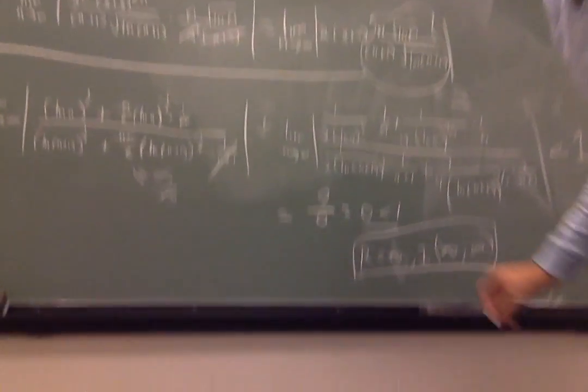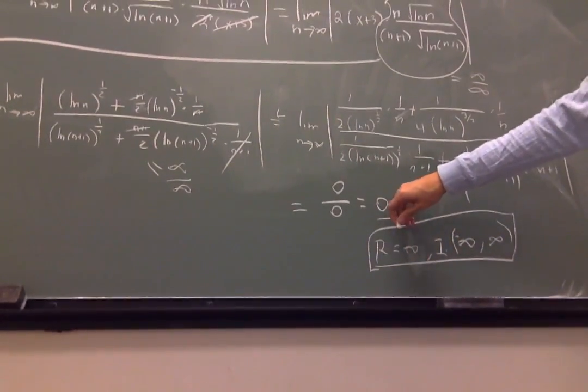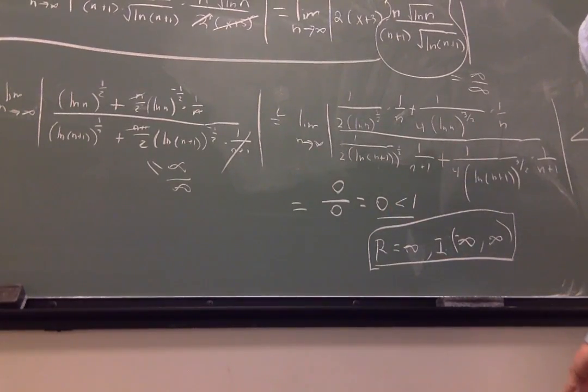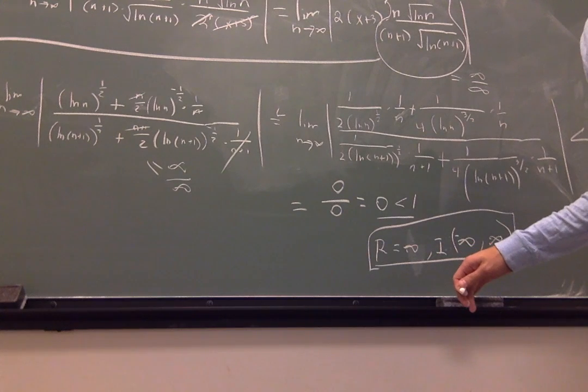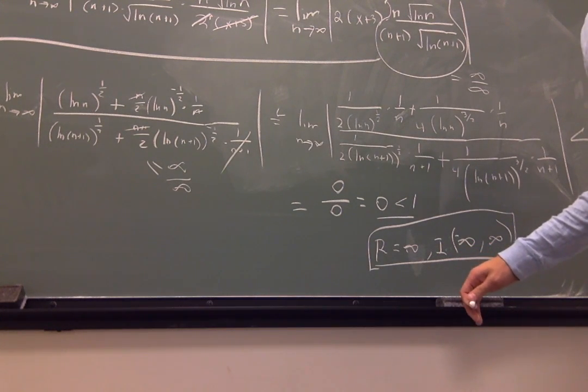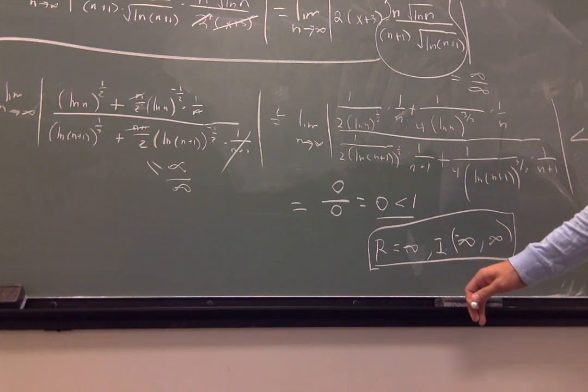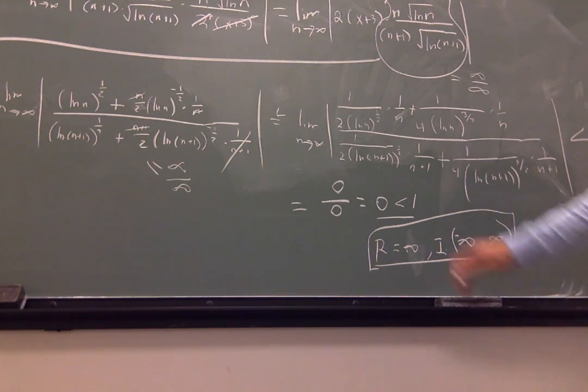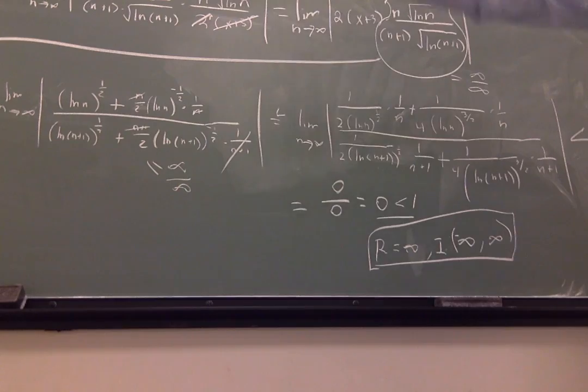And we can see that this is true since if 0 is always less than 1, then the radius of convergence is always going to be infinity, and the interval of convergence is always going to be minus infinity to infinity, since this series converges for all values of x.